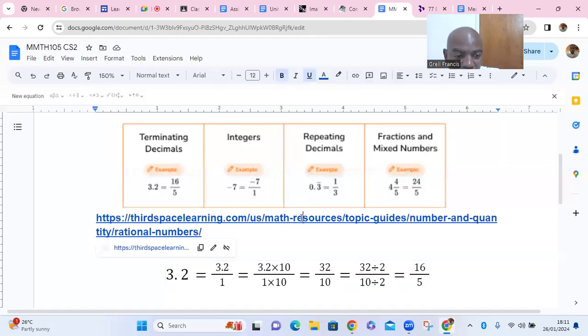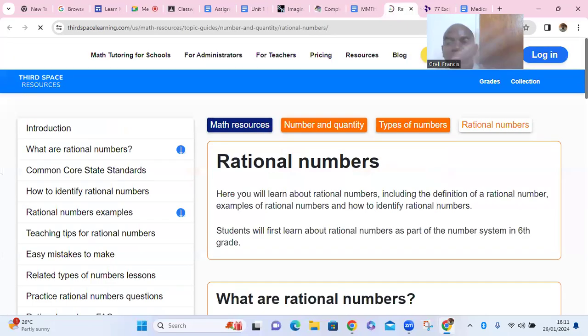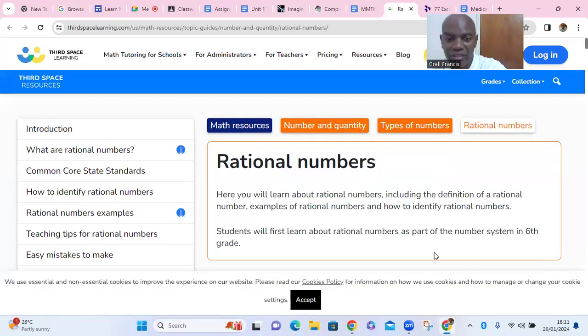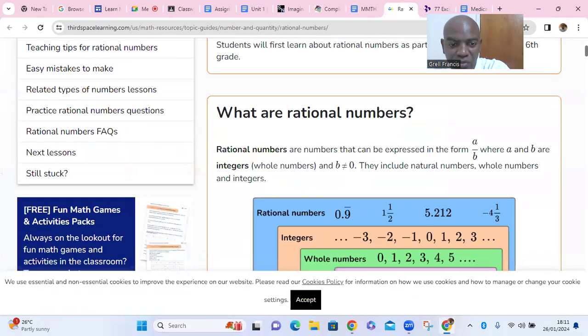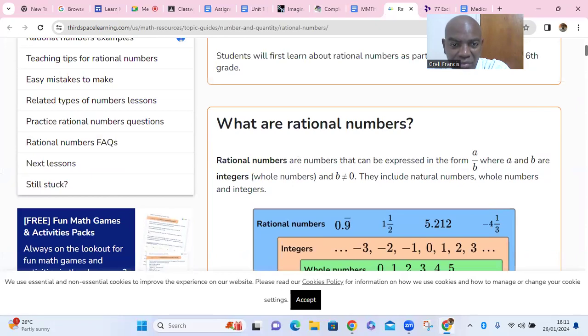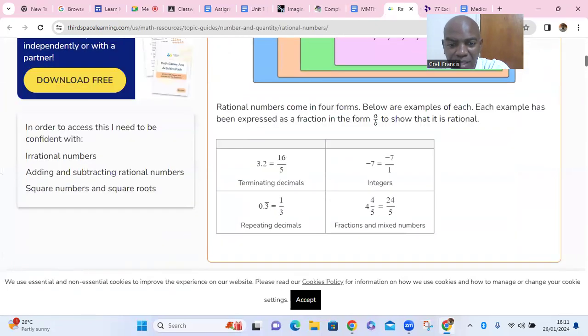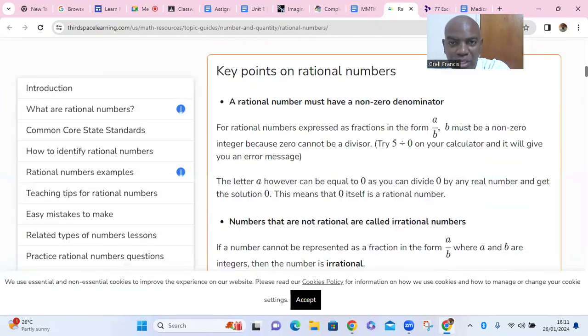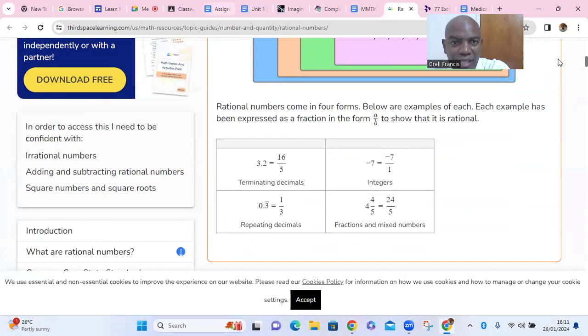So let's see what this website has to say. Does it have anything more to say with regards to rational numbers? So you see here, you will learn about rational numbers and so forth. So you can do a little reading, read up on it, and add to what I am going to write.